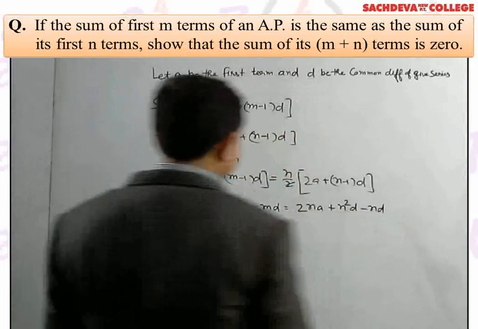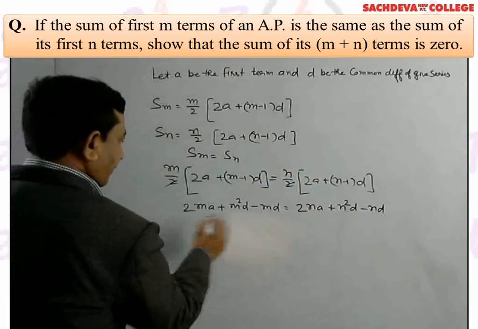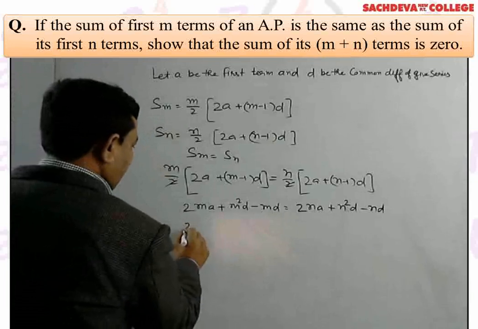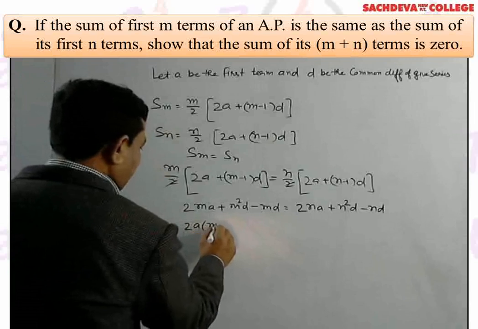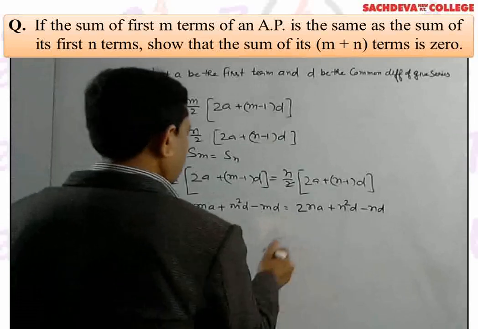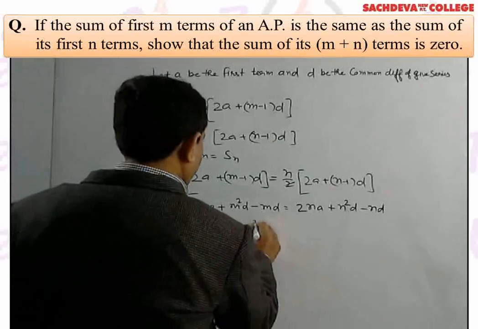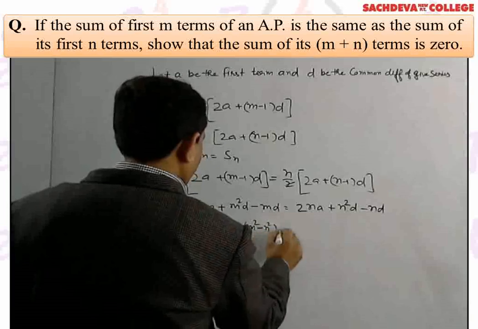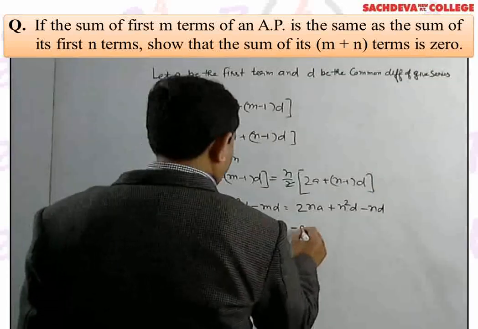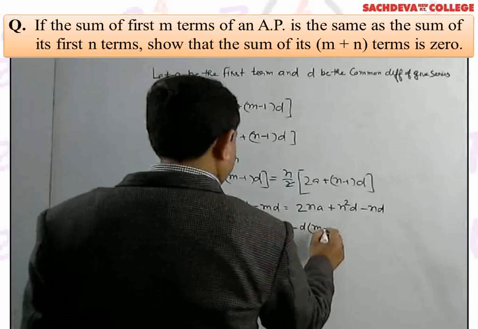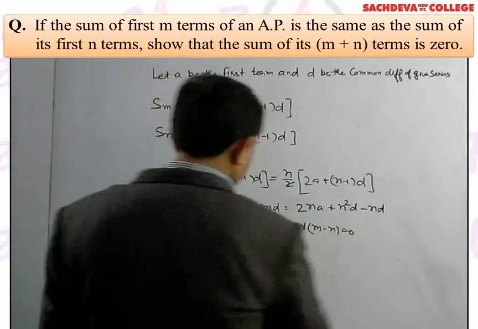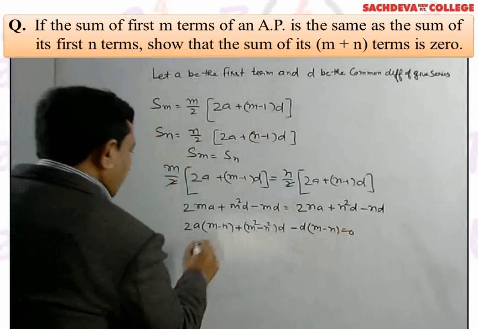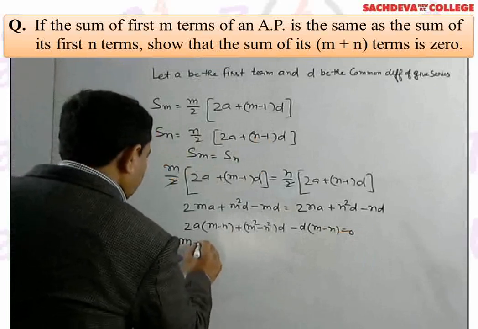or will be equal to 2a into m minus n plus m square minus n square into d minus d into m minus n is equal to 0. So m minus n is common here.